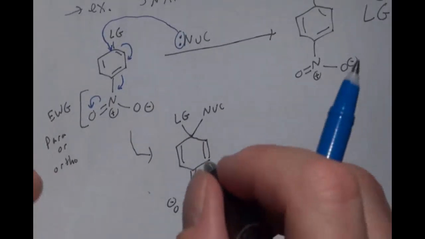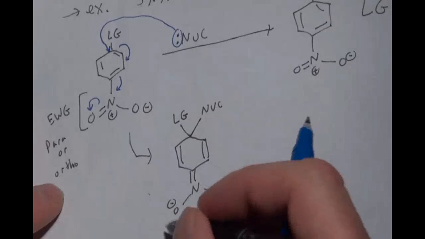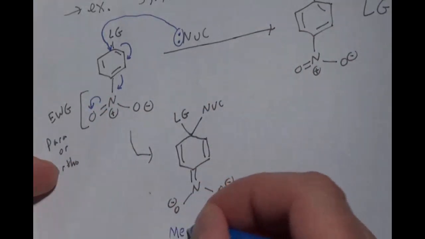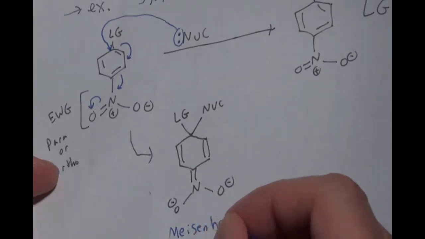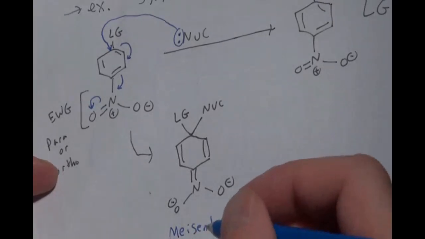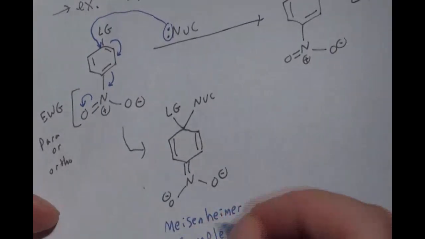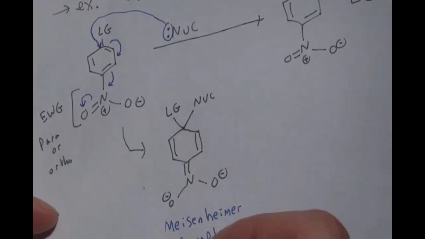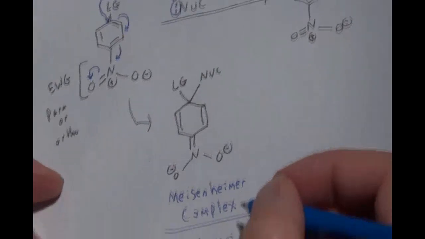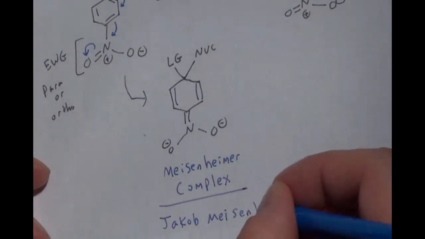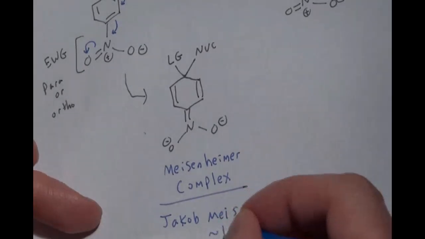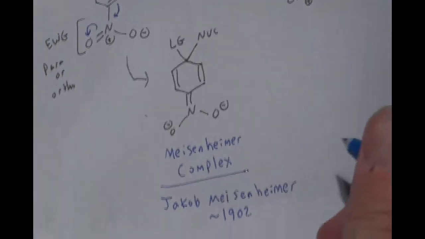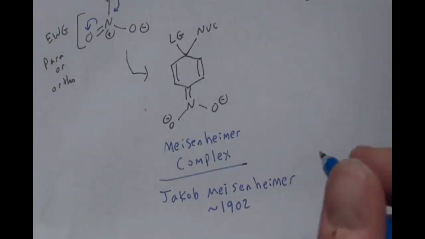And this actually has a name. It's called a Meisenheimer complex. I guess it was discovered by Jacob Meisenheimer in 1902, so pretty prehistorically as far as chemistry goes.